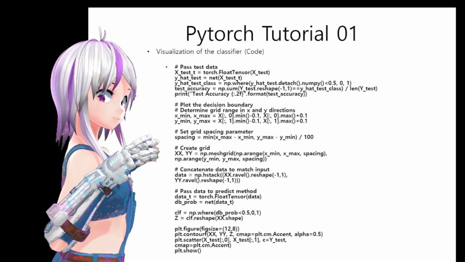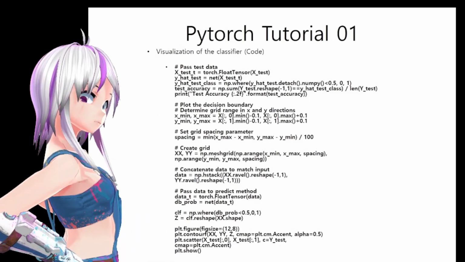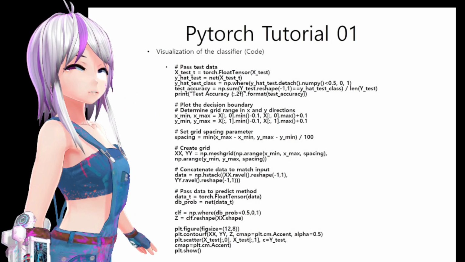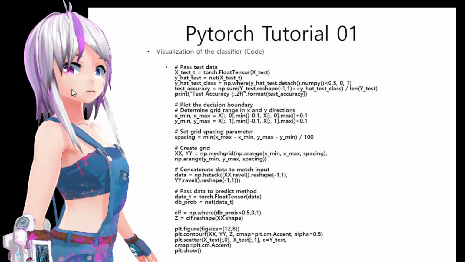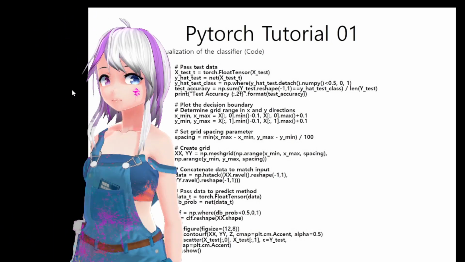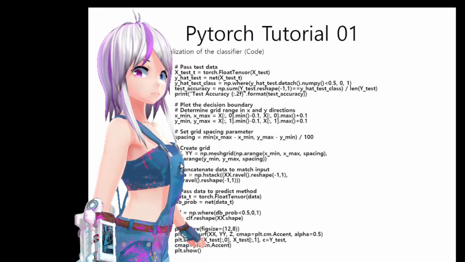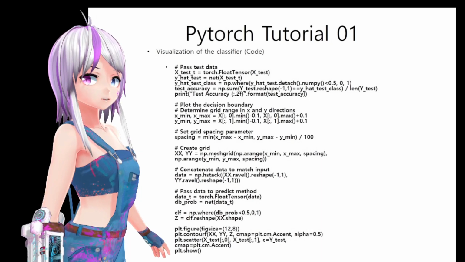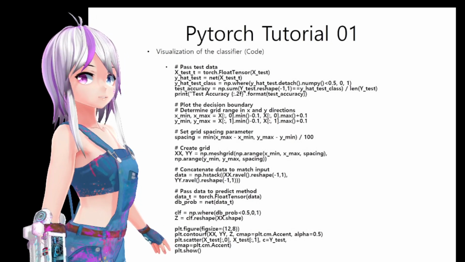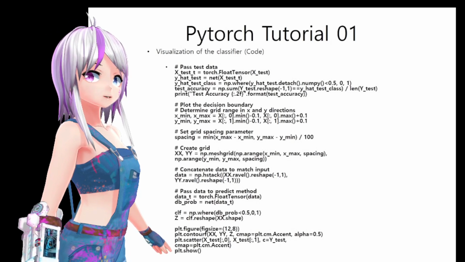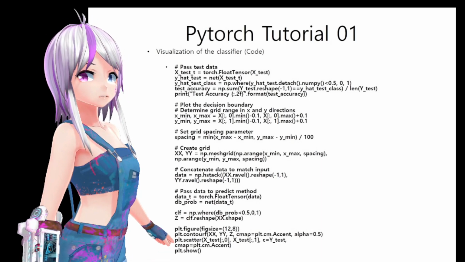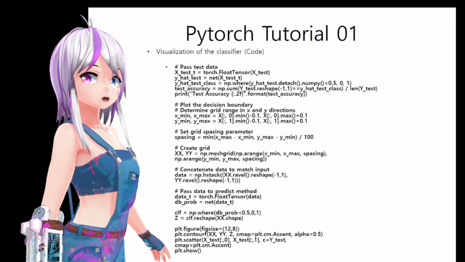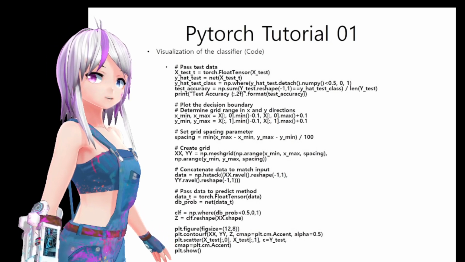Okay, and then plot the result: plt.figure, plt.contourf built-in function, and plt.scatter, etc. By doing this, you can visualize those regions, the boundaries of correctly classified binary data, and false positives and false negatives, etc.